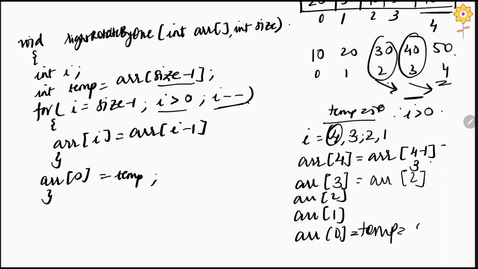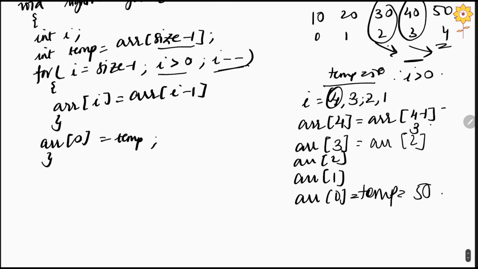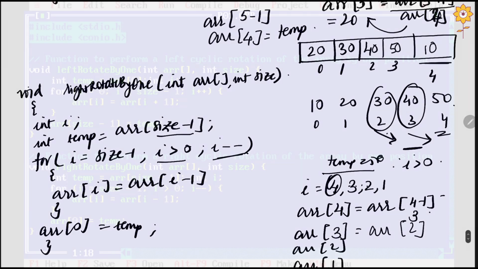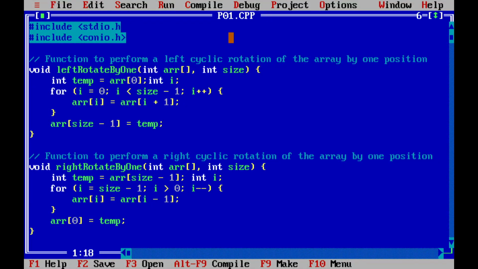What does temp have? It has 50. So, finally, how will your array look? You will have 50 here at the 0th position. In the first position, you will have 10. Then the second position you will have 20, 30 and 40. So, this is how right rotation is happening.